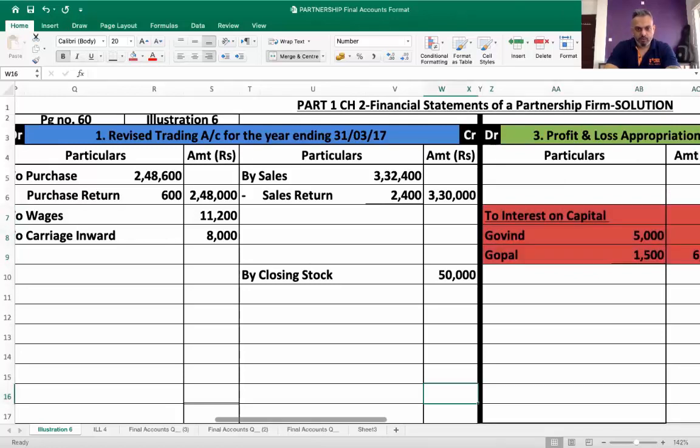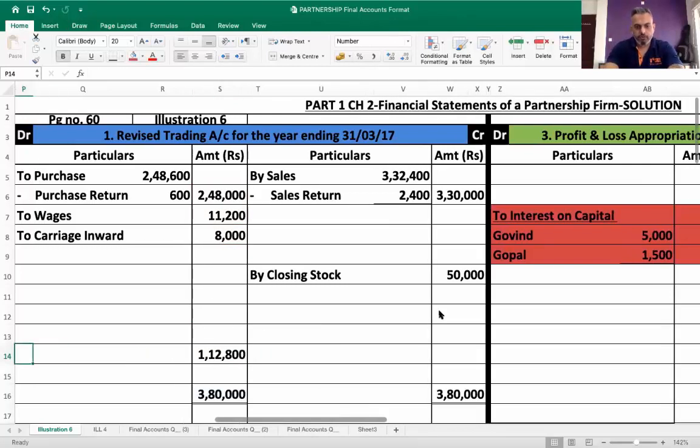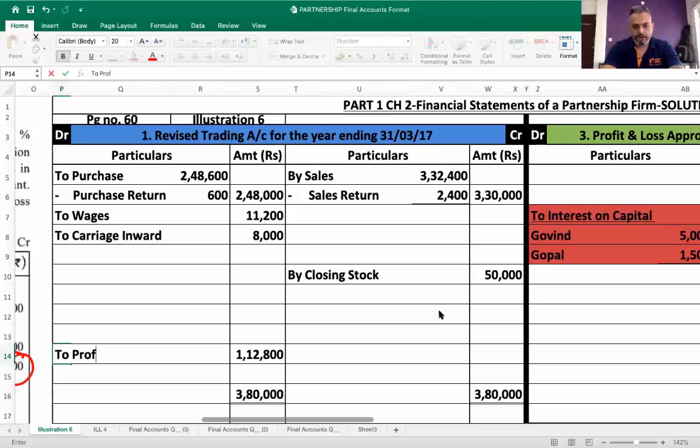Credit side is more, so the difference, 1,12,800, goes to profit and loss account.